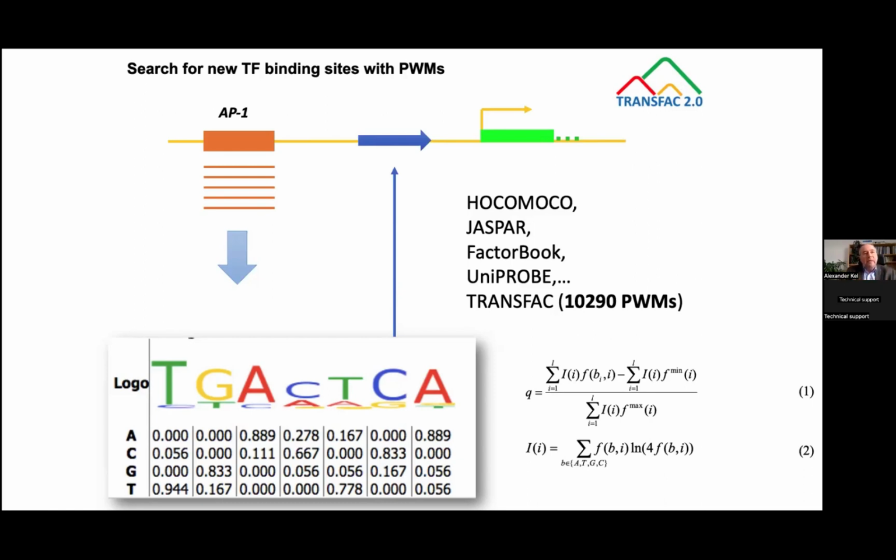We have a number of experimental technologies to understand where they are binding, to identify those binding sites experimentally. And now we have high throughput technologies like ChIP-seq or TAC-seq, which allow us to find many binding sites for a factor in the whole genome.